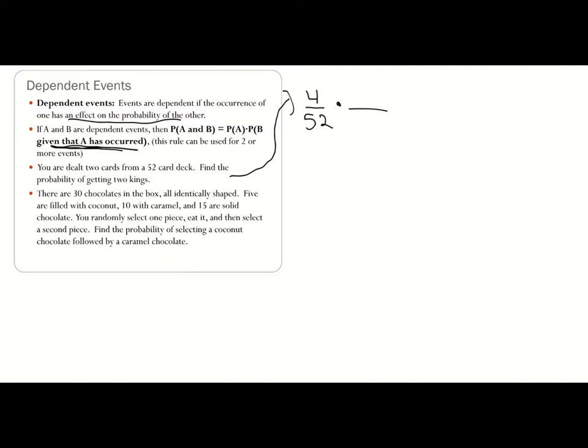So it would be 3, because there's 3 left. And now there's not 52 cards, but there are 51 left. When we multiply that, we get 12 over 2,652. Or if we turn it into a decimal, it's 0.00452.